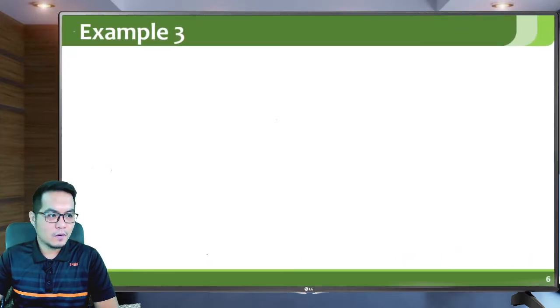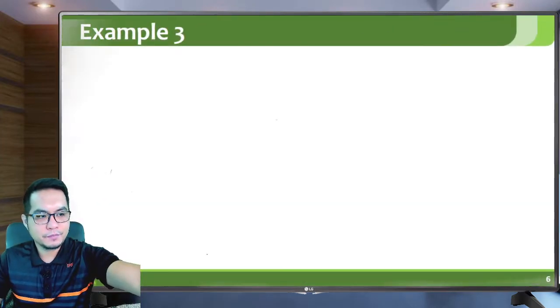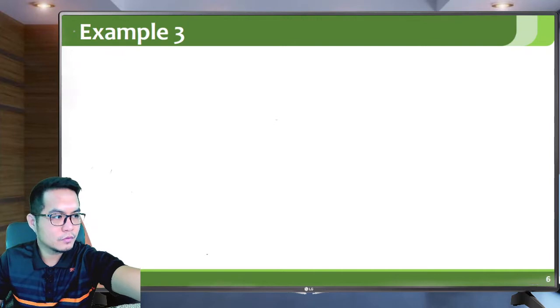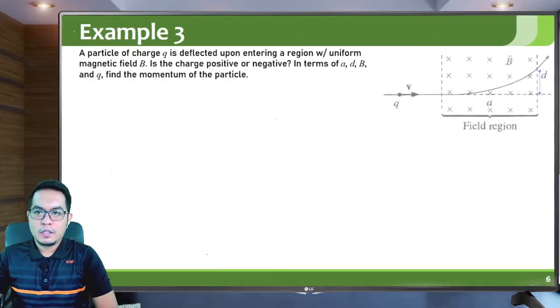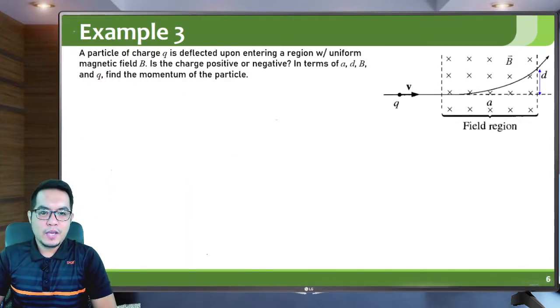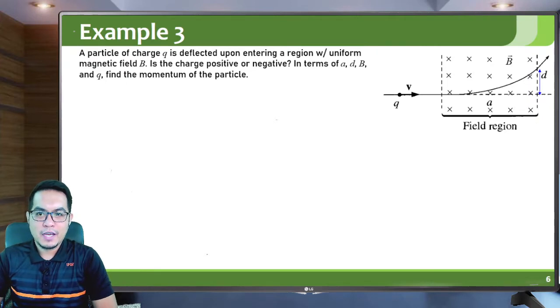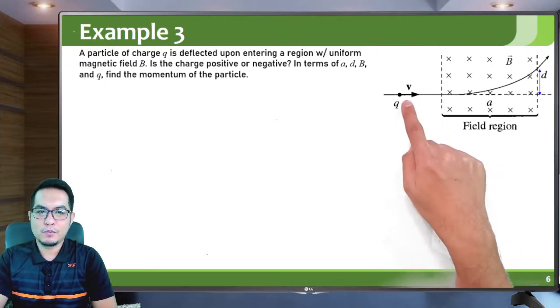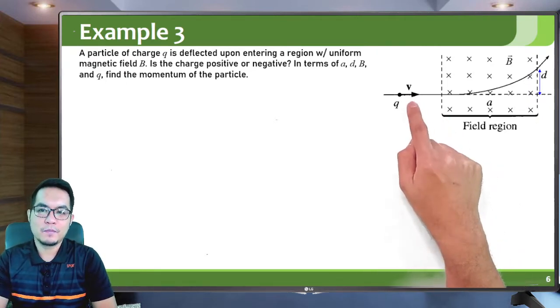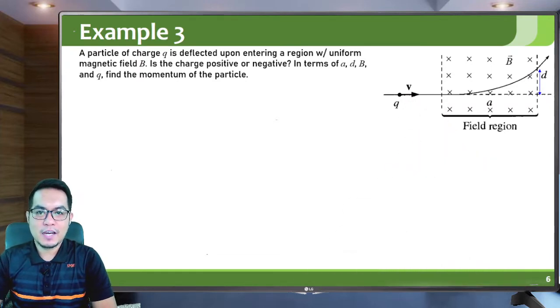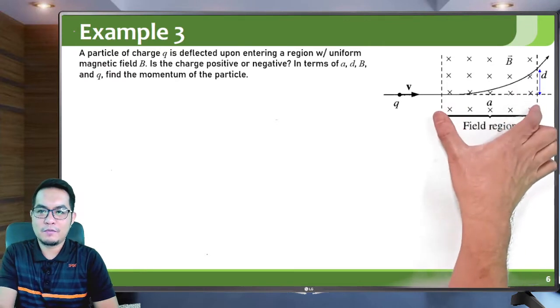So for our last example, we have a particle of charge Q, and initially it's moving to the right with velocity v, and then it enters a region with uniform magnetic field. So this is the field region.